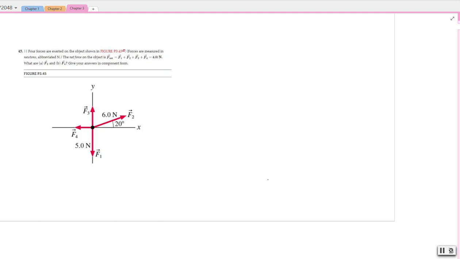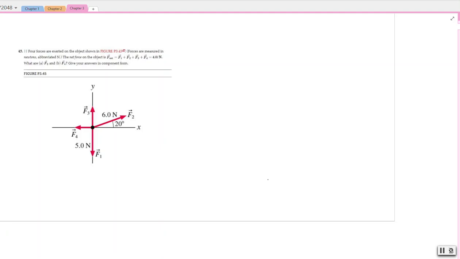In this exercise they say four forces are exerted on the object that is given below. Forces are measured in newtons, abbreviated as N. The net force on the object is Fnet and is equal to F1 plus F2 plus F3 plus F4, which is equal to 4i in newtons.